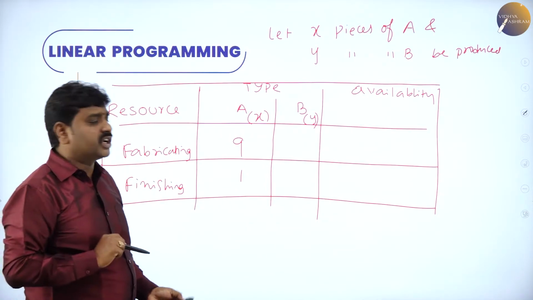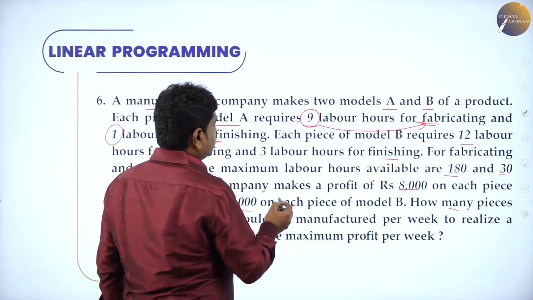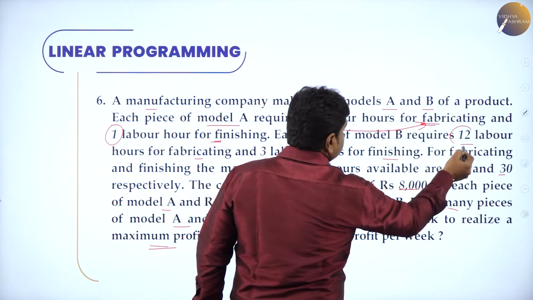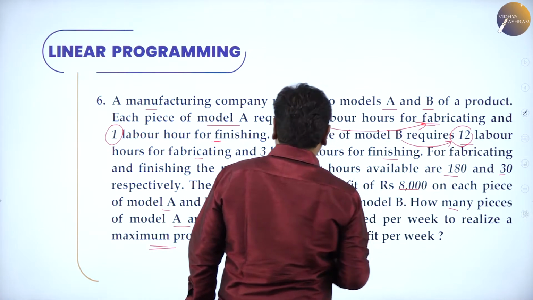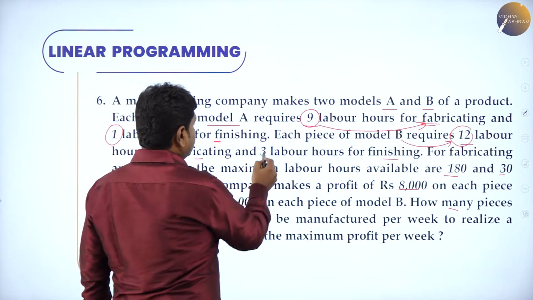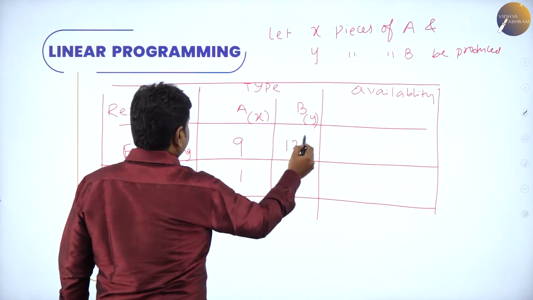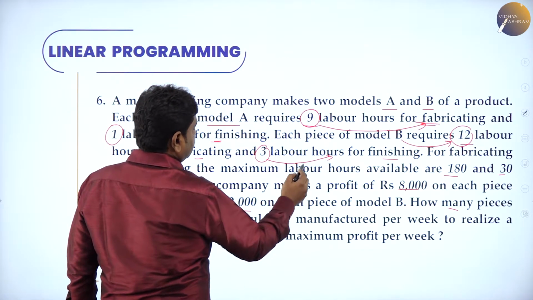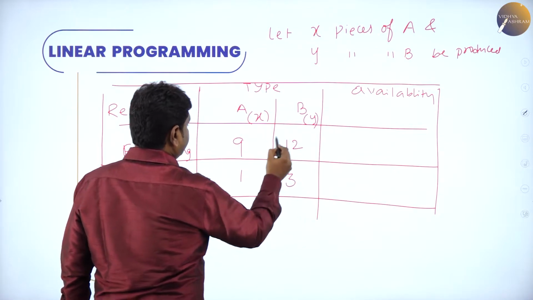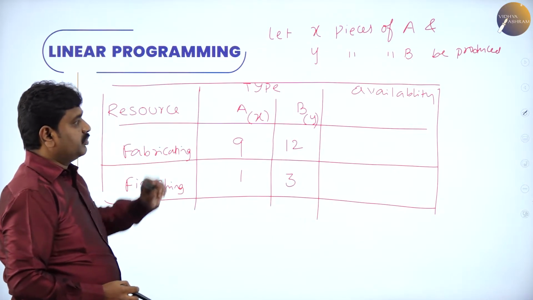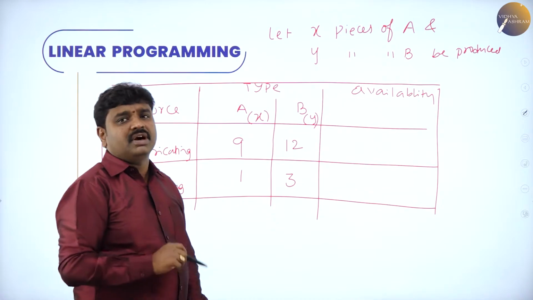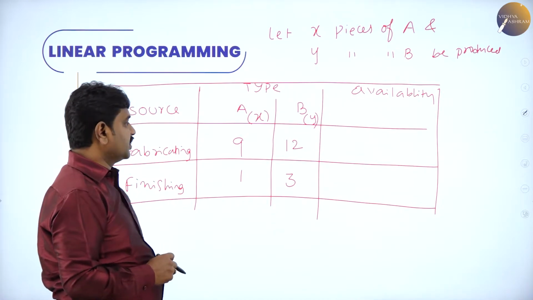Similarly, they have also given for type B. When you further read the question, type B requires 12 labor hours for fabricating, 3 labor hours for finishing. 12 labor hours for fabricating and 3 labor hours for finishing. So this is for type B. Availability. Now we'll say time availability of fabricating and finishing.